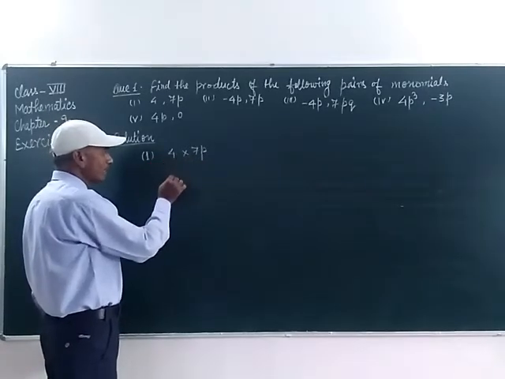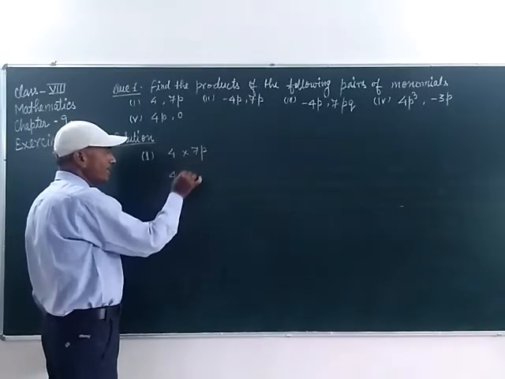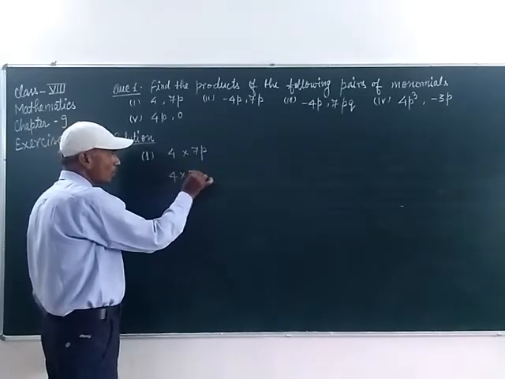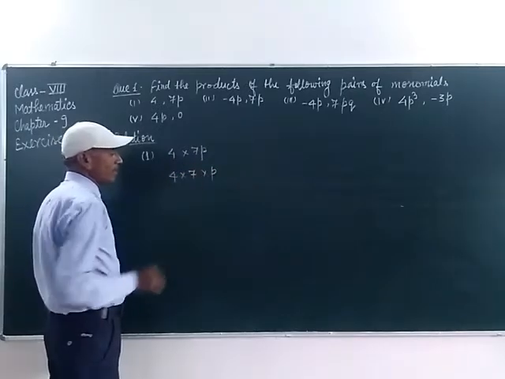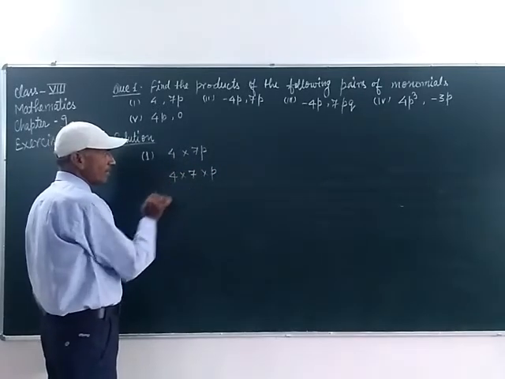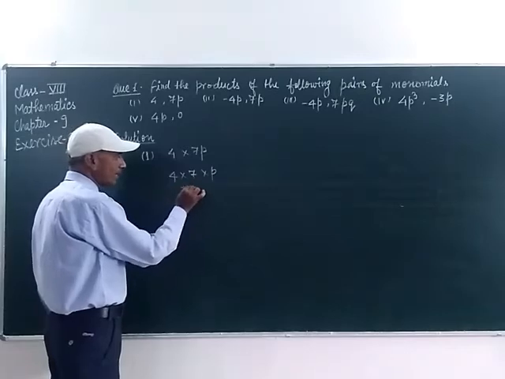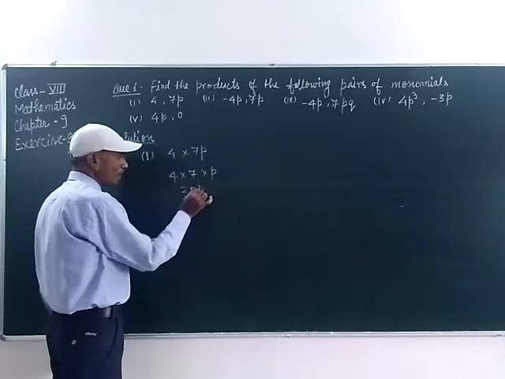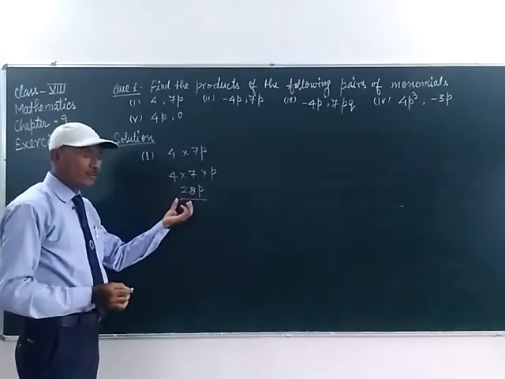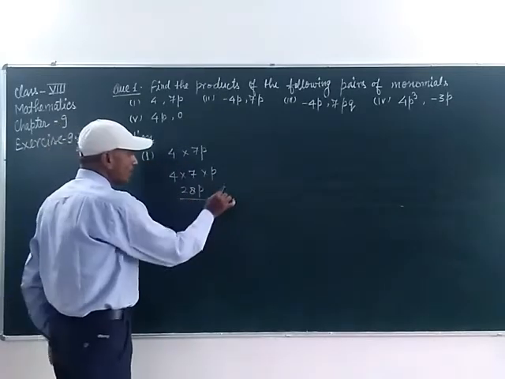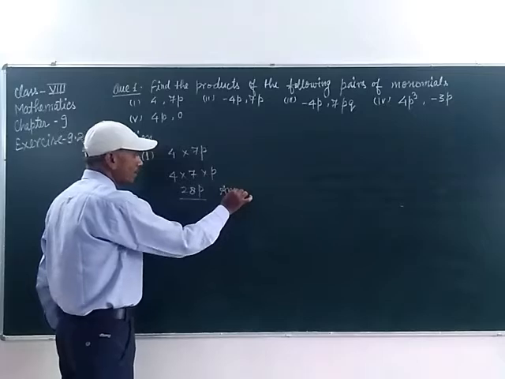So, 4 into 7 and into p. Now, 4 sevens are 28 and this one p. So, the product of these two monomials is 28p. This one is the answer.